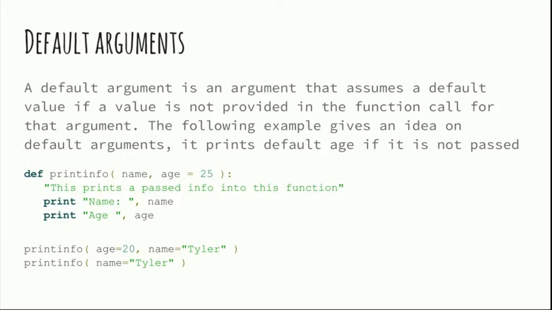It prints default age if it is not passed. def printinfo(name, age=25): this prints a passed info into this function, print name, print age. printinfo(age=20, name="Tyler"). printinfo(name="Tyler").